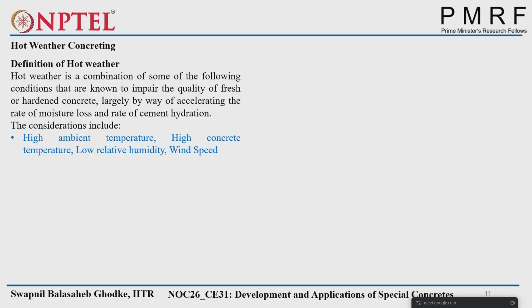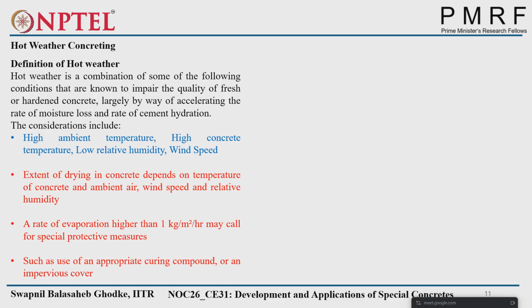So what affects it: high ambient temperature, high concrete temperature, low relative humidity, and wind speed. These are the considerable factors we have to note down while doing hot weather concreting. The extent of drying in concrete depends on the temperature of concrete, ambient air, wind speed, and relative humidity.